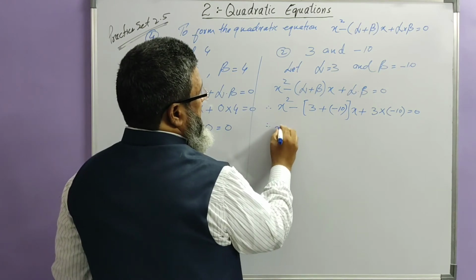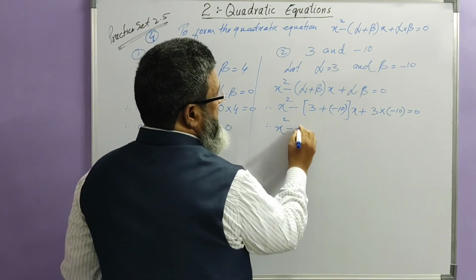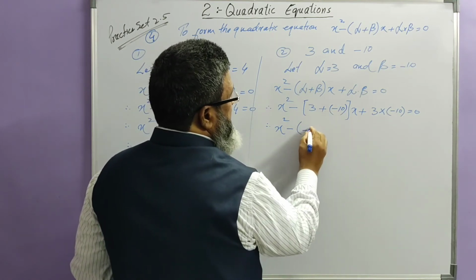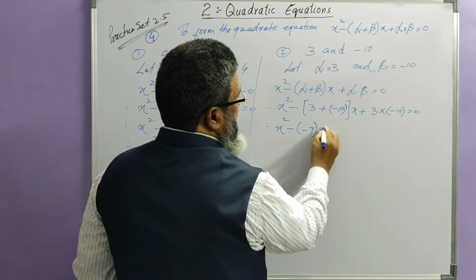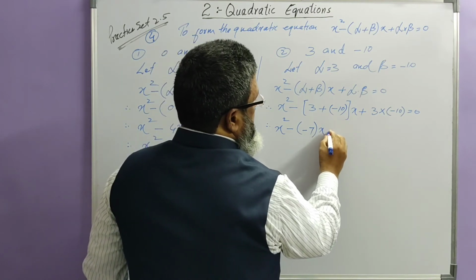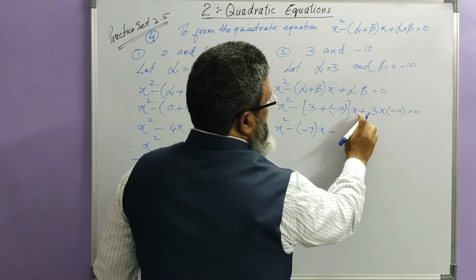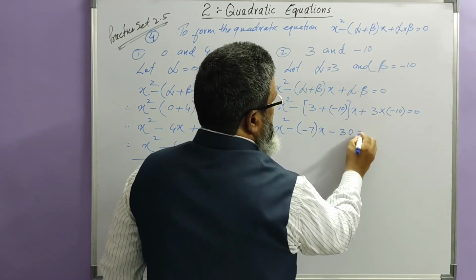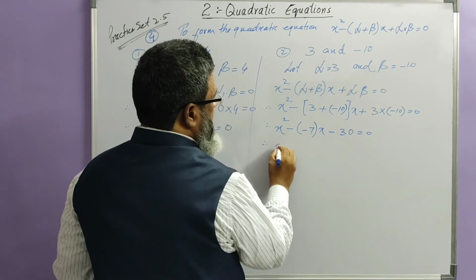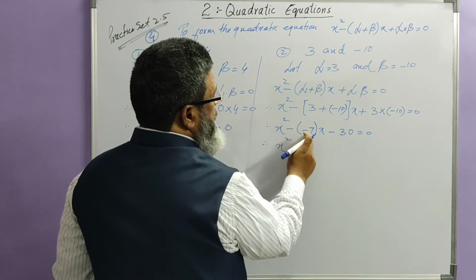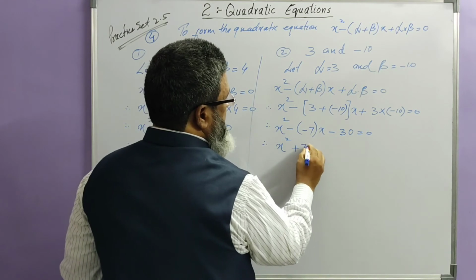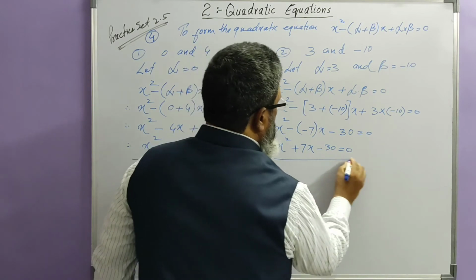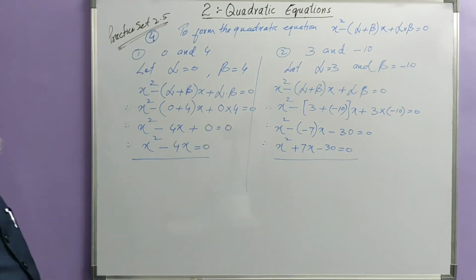Therefore x square minus (3 and minus 10 is minus 7) x minus 3 plus, and 3 into minus 10 is minus 30, is equal to 0. Therefore x square, this minus into minus is plus, 7x minus 30 is equal to 0. This is the required equation.